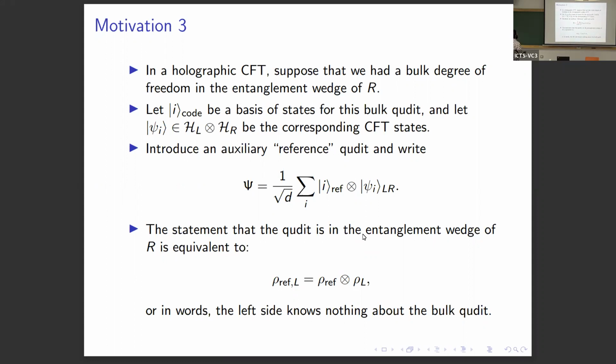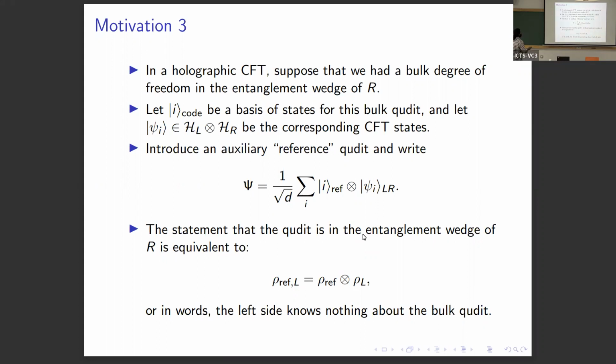Now I introduce this auxiliary reference system that I've written here, and I write a maximally mixed state between this auxiliary reference and my holographic CFT LR. For the moment, think of this as a technical tool, an auxiliary construction, if you like. We'll see the point of doing this in a slide from now.